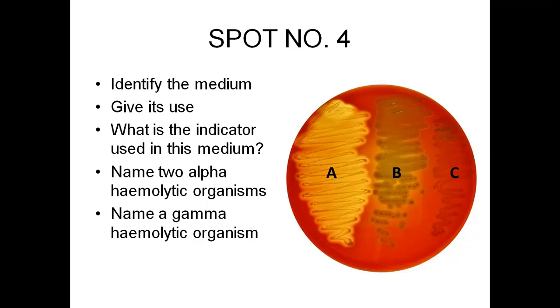So on this agar we can differentiate hemolytic and non-hemolytic, and in cases of hemolytic we can differentiate whether it is a beta hemolytic bacteria or an alpha hemolytic bacteria. The other questions can be: name some beta hemolytic or alpha hemolytic bacteria.